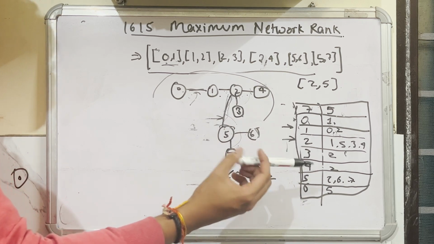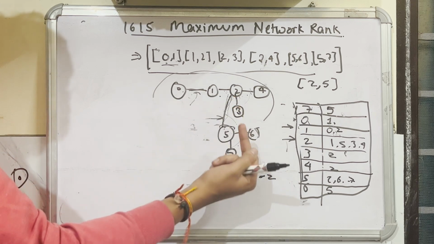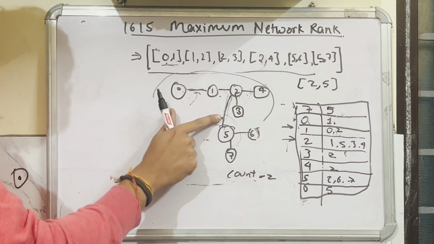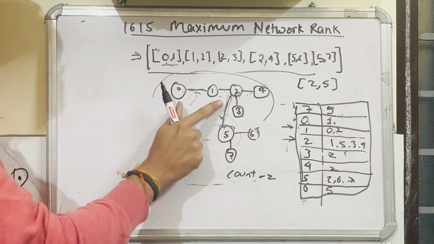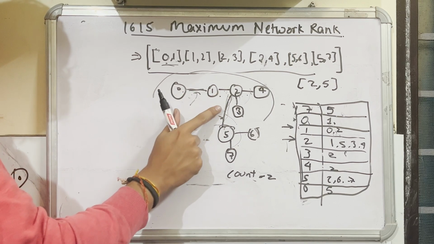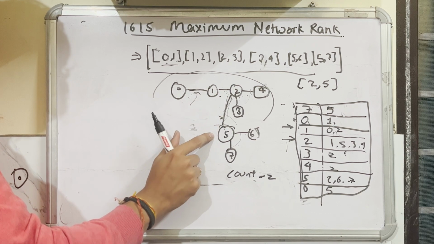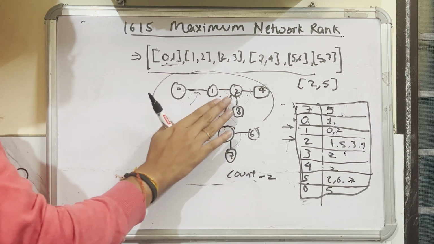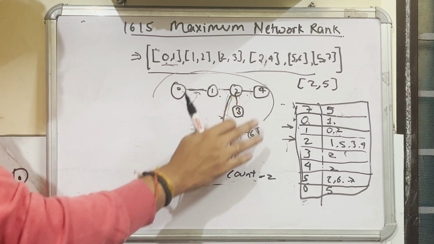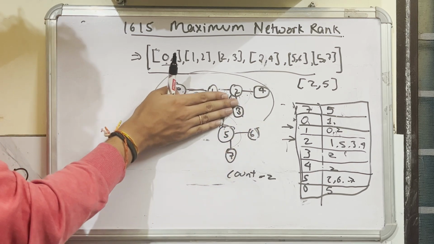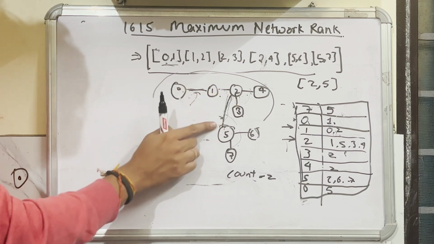Counting it once, you will consider this edge, or road in the question, in only one city. You won't consider it in another city. For example, if we are looking from 2, we will consider 2 is having 4 roads, 5 is only having these 2 roads, because we have considered this edge once.